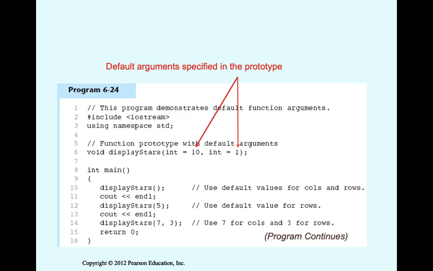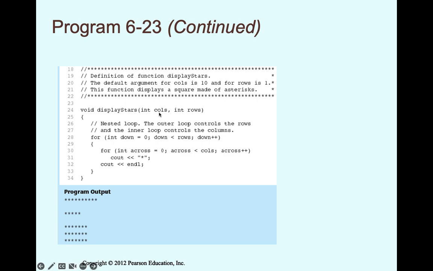So this is an example. We have a function called display stars. Let's see this function. It takes columns and rows. It prints how many columns of stars and how many rows of stars you want. First we loop over the rows, and for every row we print that many columns of stars. So it's nested loops.